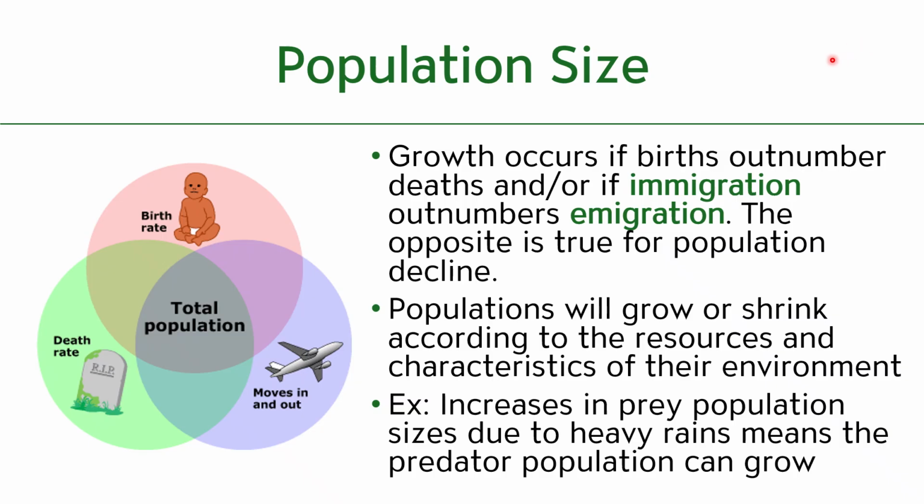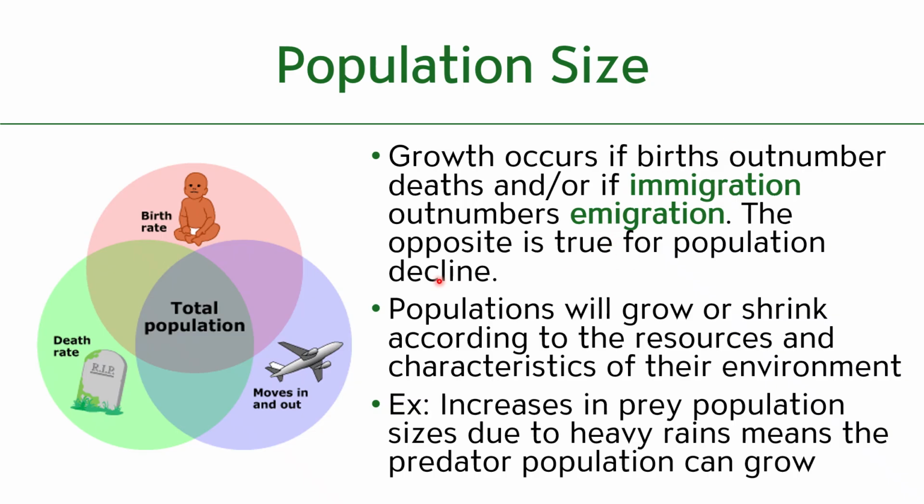So then we get into populations as a whole here. We're moving away from specific interactions to look at, okay, what effect do these interactions have on the population as a whole? So growth of a population, the population is going to get larger, is going to occur if the births outnumber the deaths, and if immigration outnumbers emigration, if more are coming in than leaving.